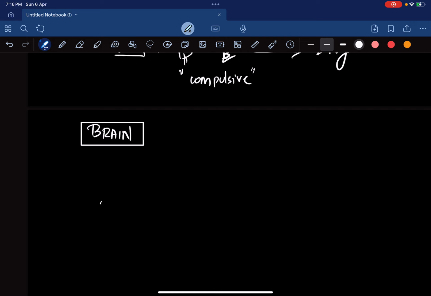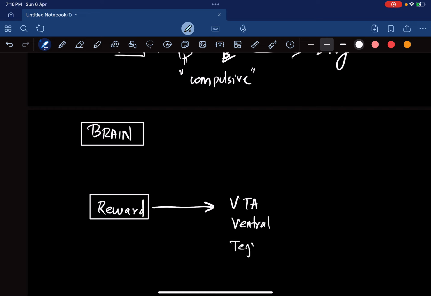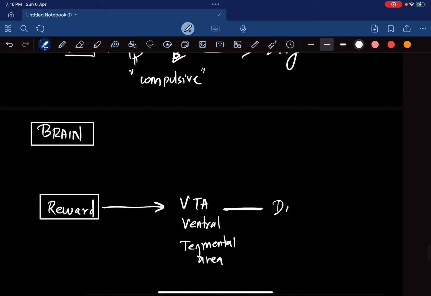Now, this reward that you've just received activates a part of your brain called the VTA, the ventral tegmental area. This VTA is going to activate dopamine secretion.